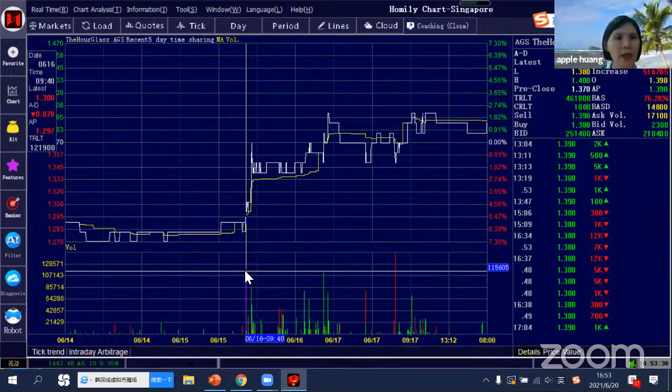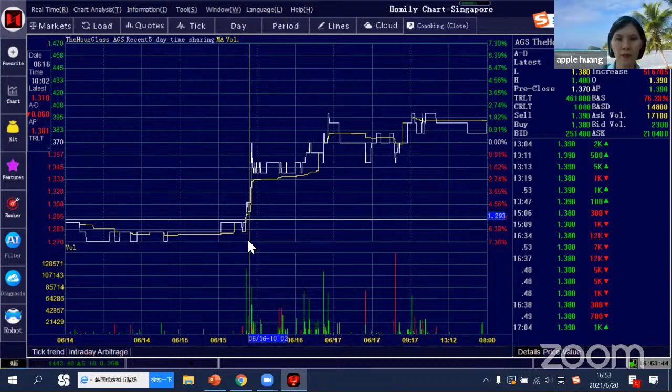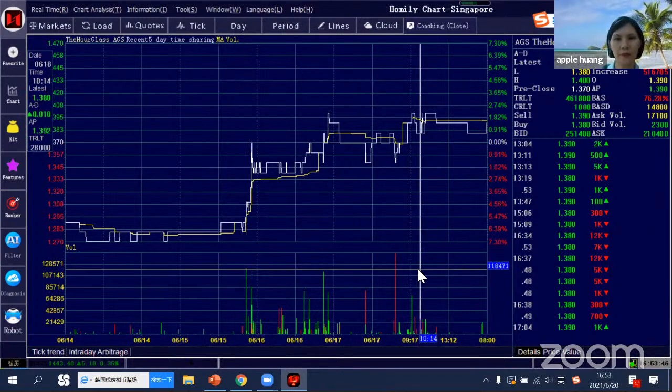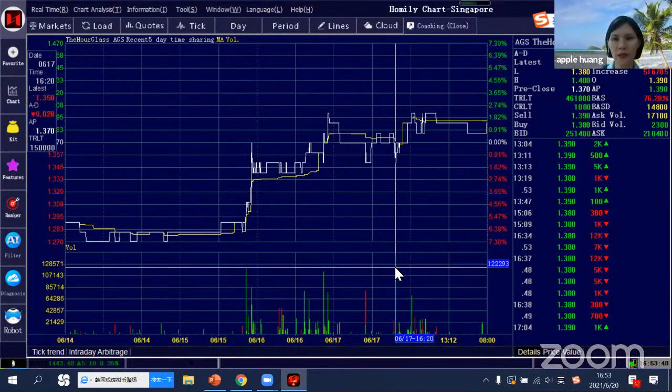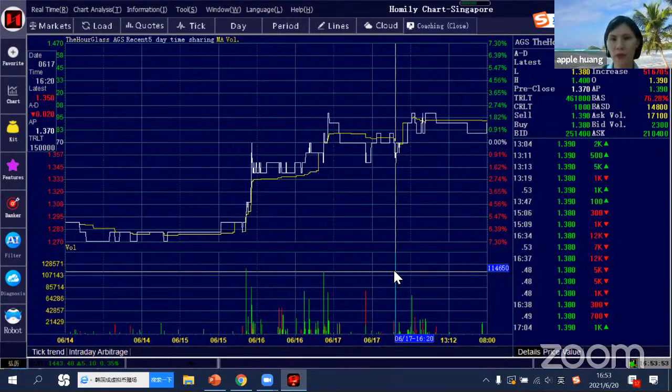The price is at 130, so 130 is important. A lot of buying at 130. And here, this is another high transacted volume. It dropped by 2 cents.